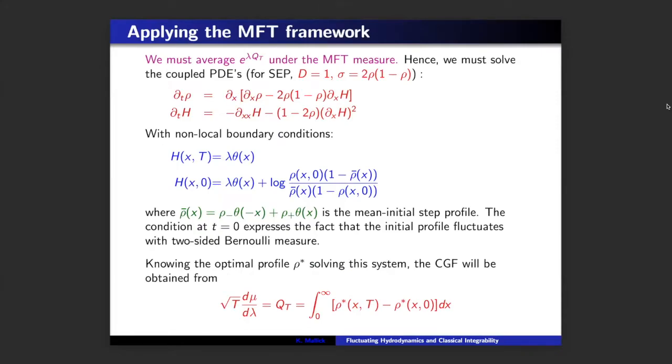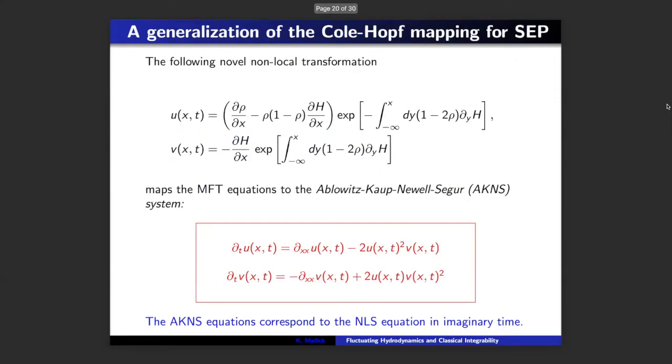Unfortunately, these equations cannot be simplified by Hopf-Cole, but through a kind of very nonlinear process. The young student, Hiroki Moriya, found a very intuitive change of variables, which reduces to Hopf-Cole when you go to low density.